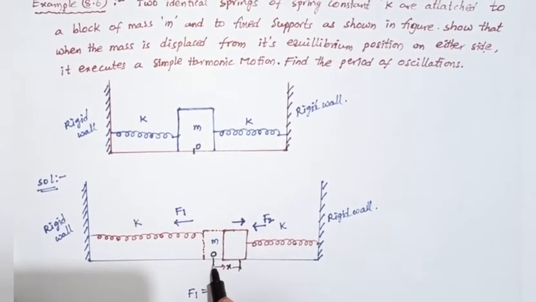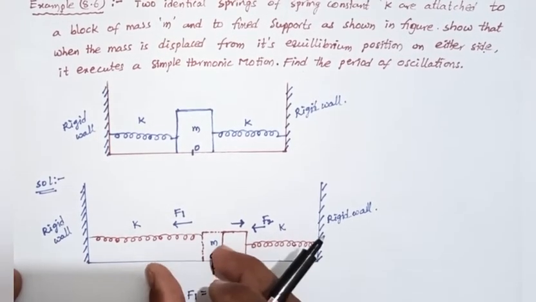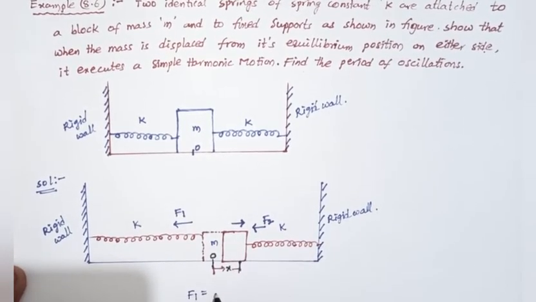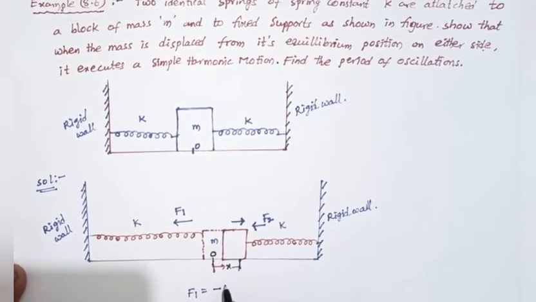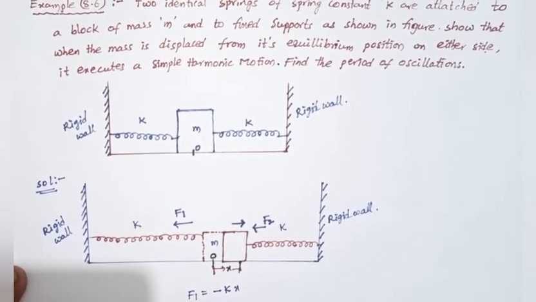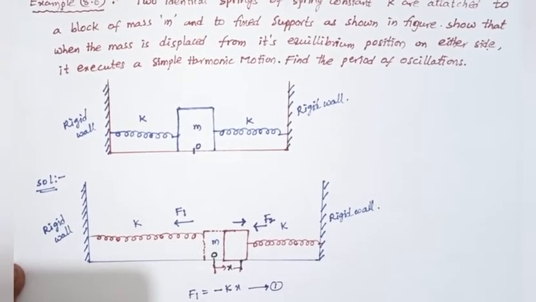Actually this is the mean position, and the body is displaced here. The force F equals minus k, the force constant, into x. So F1 equals minus kx. This is equation number 1.